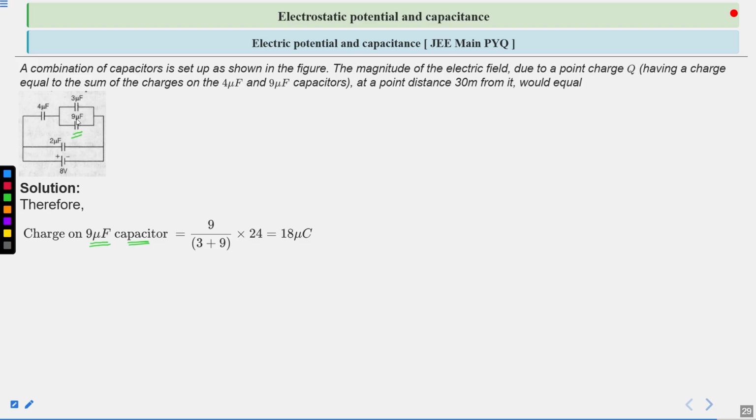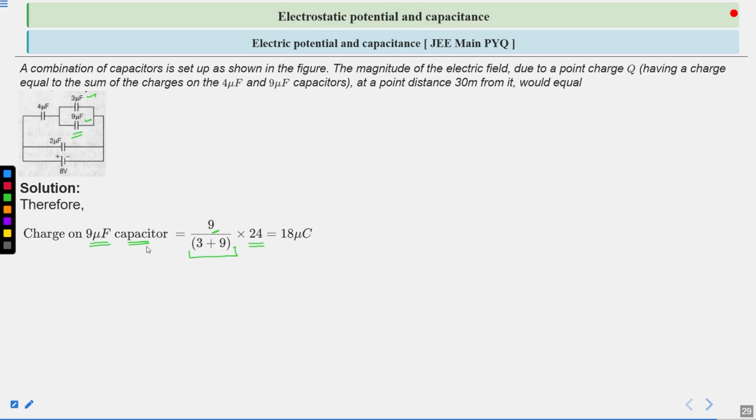In the combination there are two capacitors, 3 microfarad and 9 microfarad, so in the denominator 3 plus 9, the net capacitance. In the numerator, the capacitance of the capacitor for which we find the charge. So 9 upon 3 plus 9 into the total charge, 24 microcoulomb.